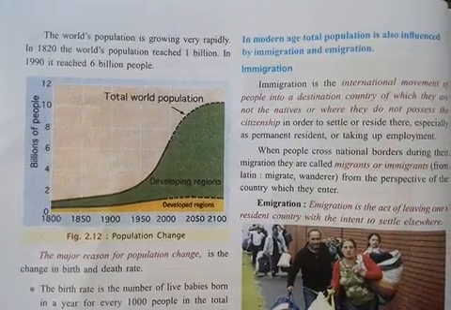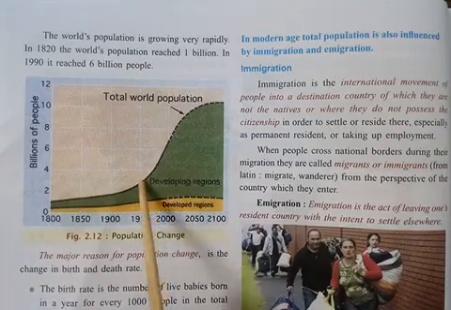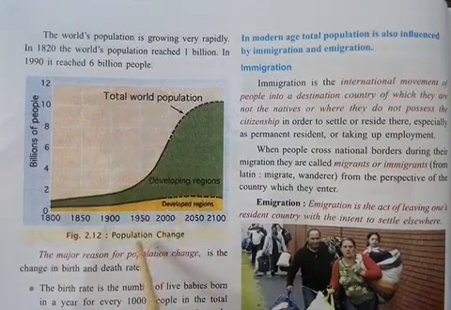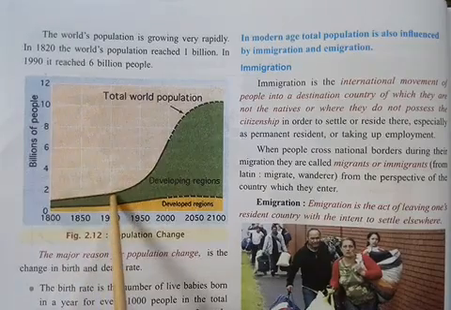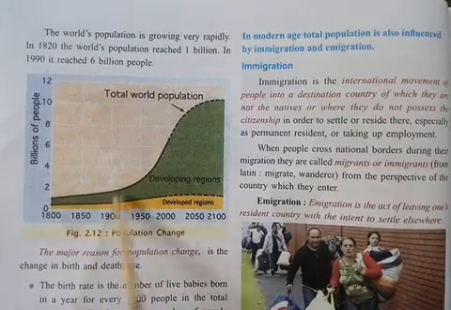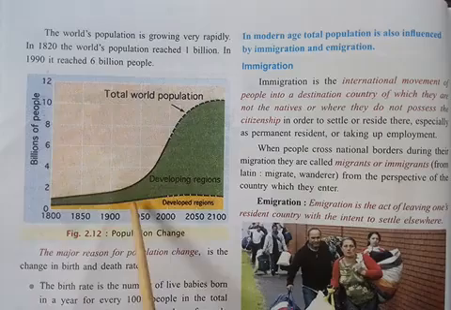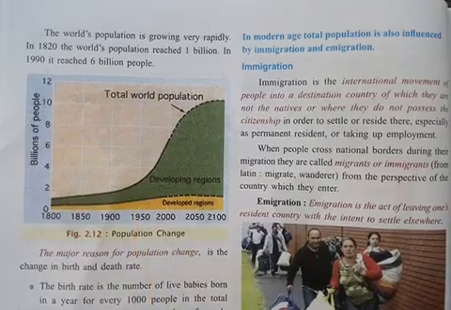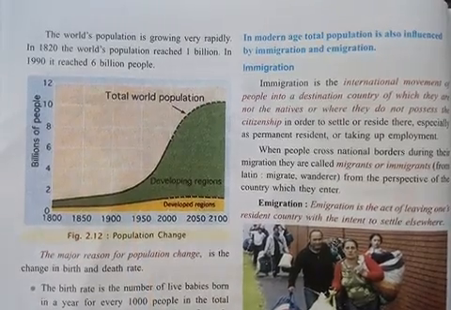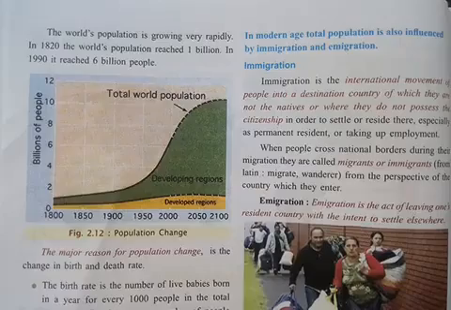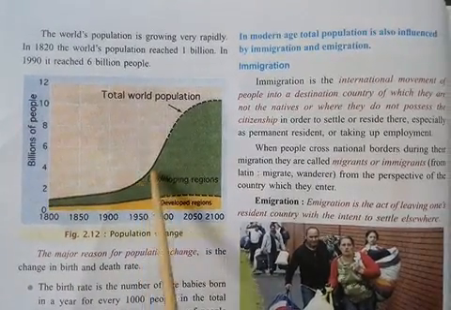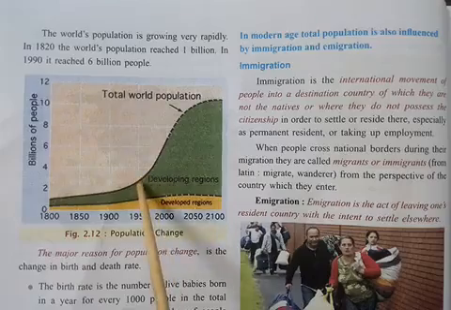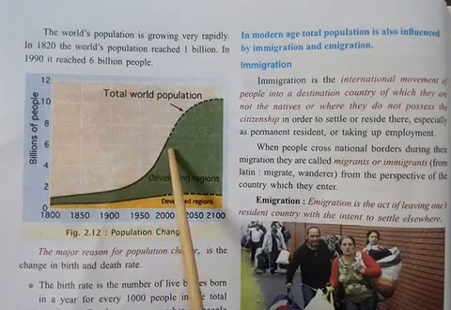Now what is the reason why this population increases so rapidly in these 50 years after 1950? Well, after 1900, so many inventions and discoveries were taking place, and in every area of science development was taking place. But after 1950, this development just started showing the result.